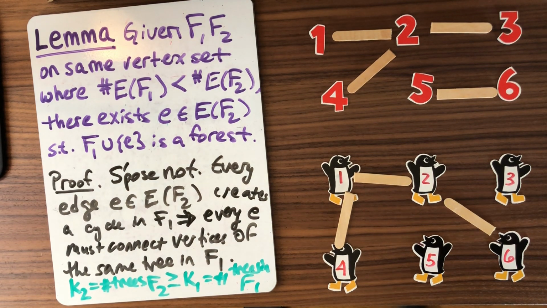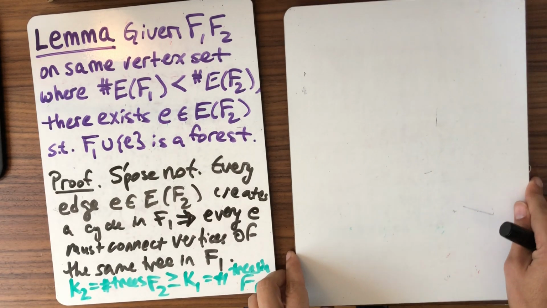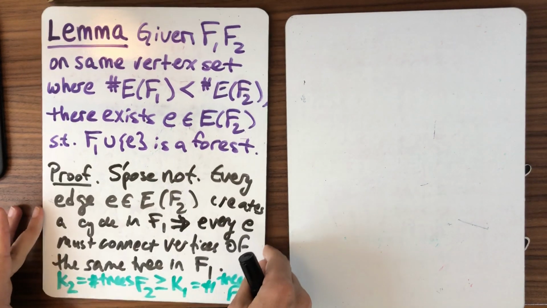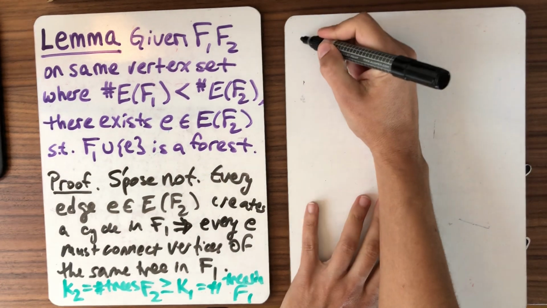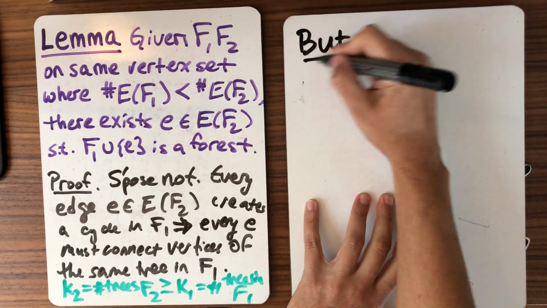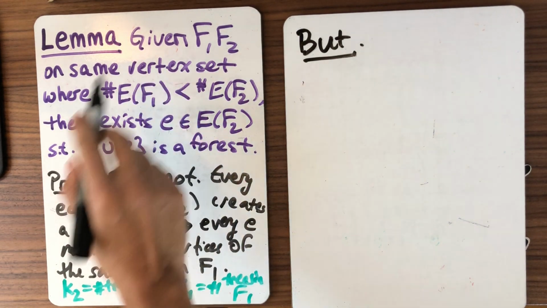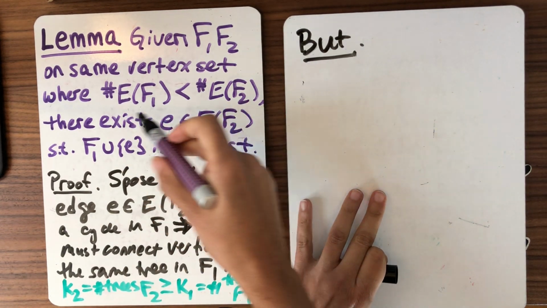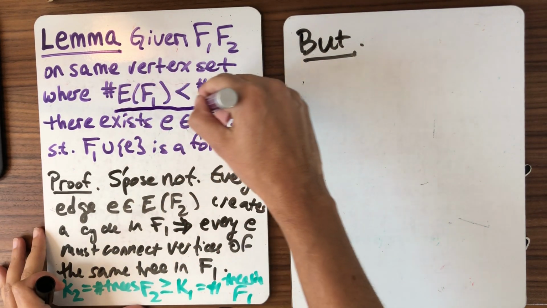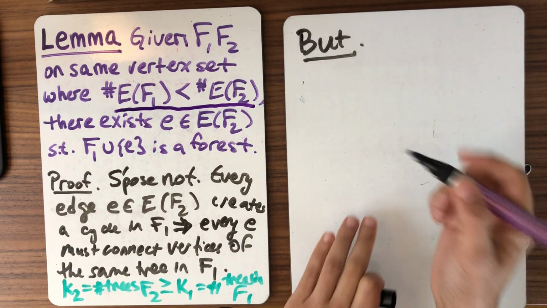Okay, well, let's cover up our trees for a second and continue with the proof. So I've now concluded that. We're almost done, but remember that we have a bunch of assumptions that we've made in our statement. One of them is right here. The number of edges of F1 is less than the number of edges of F2.